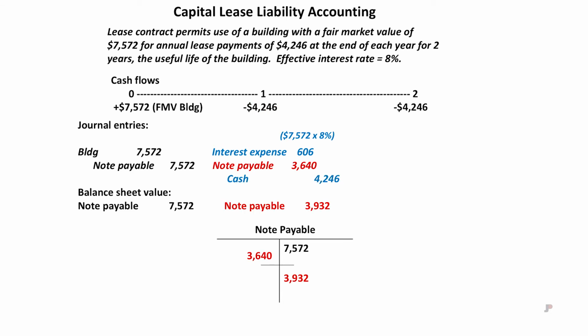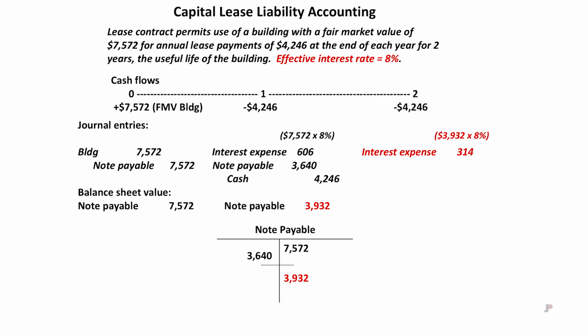And the remaining amount serves to reduce the principal on the outstanding loan, in this case by $3,640 down to $3,932. This amount, which appears on the balance sheet at the end of year, is again the present value of the future lease cash payments, discounted at the 8% effective interest rate.